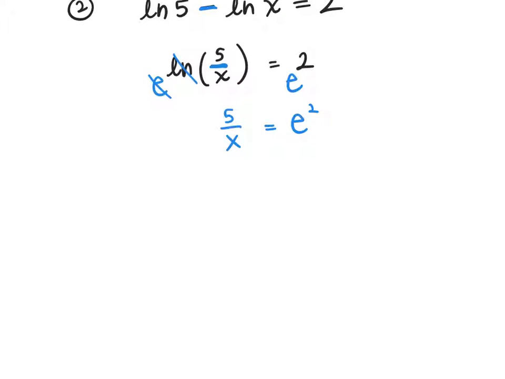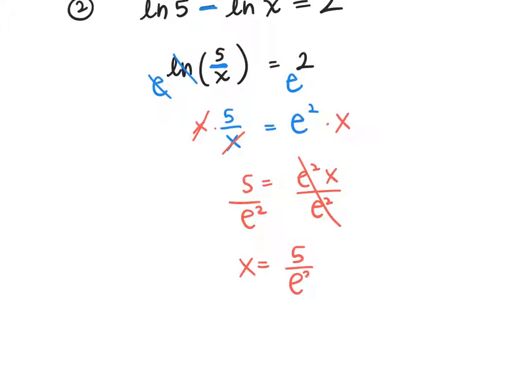And here, be careful, x is in the denominator right now, so I can't just divide both sides by 5 or multiply by 5. We would need to first multiply by x, and then divide by e squared. So x is equal to 5 over e squared, which is about 0.677.